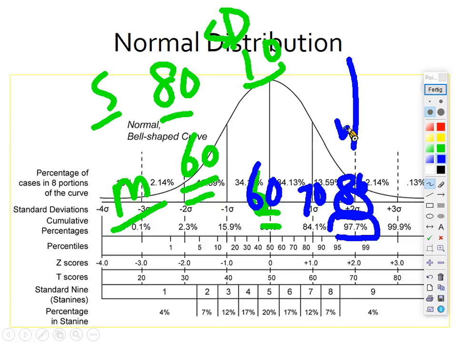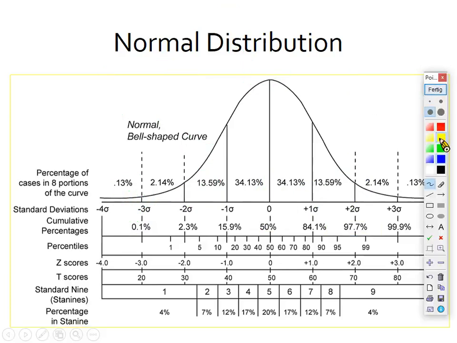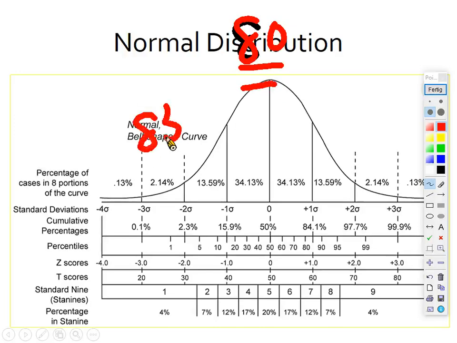Okay, so let's see another way. You still get 80 points for the test. But if I told you that the average score of the class is 85, right? And the standard deviation is 2. What is your position compared to all of this?